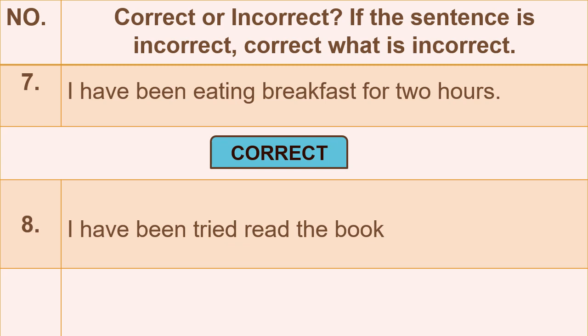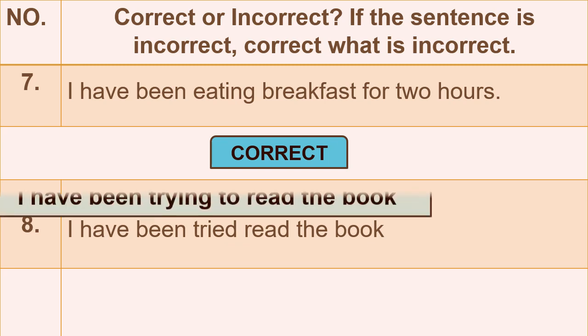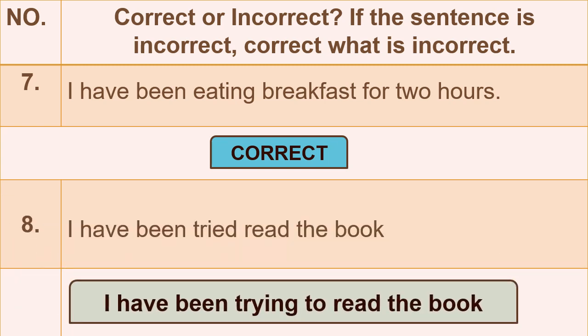I have been tried read the book. Is this incorrect or is this correct? This is incorrect. So, what is the correct answer? The correct answer is: I have been trying to read the book.